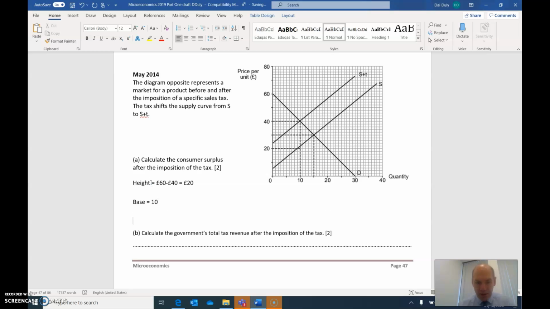So height times base divided by 2 is going to be equal to £20 multiplied by 10 units traded is equal to £200 divided by 2 equals £100. If you got that correct, give yourself a tick.